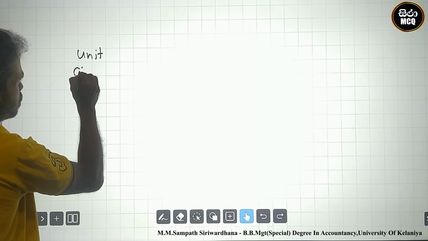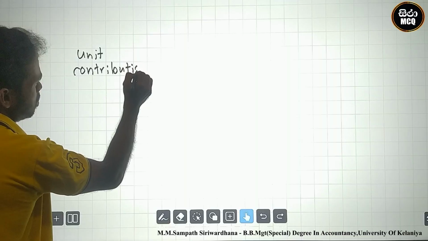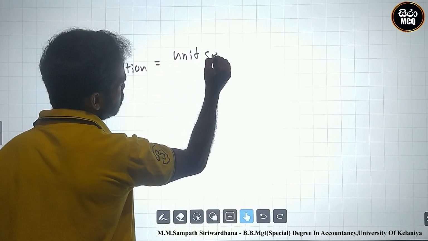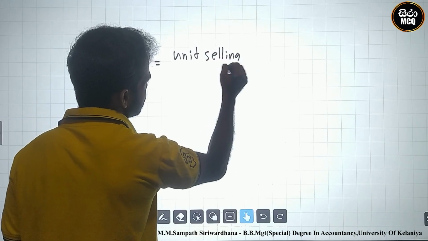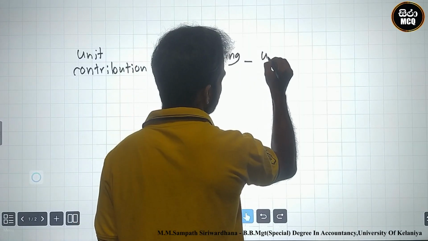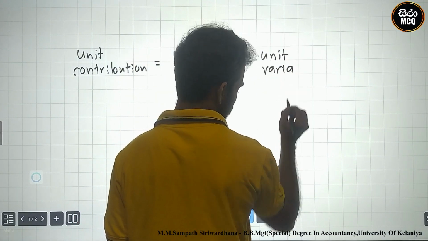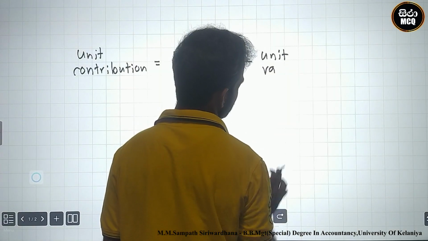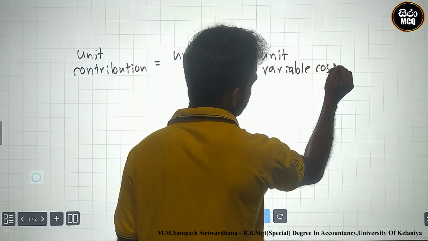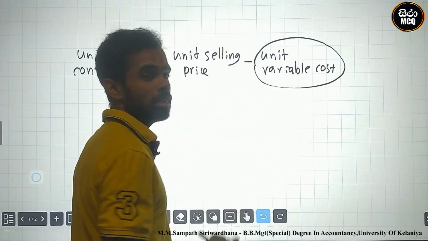The formula: unit contribution equals unit selling price minus unit variable cost. At that time we find the unit variable cost.